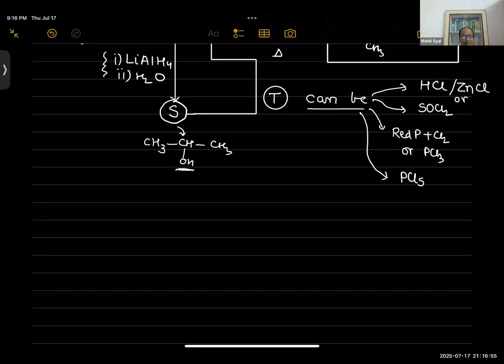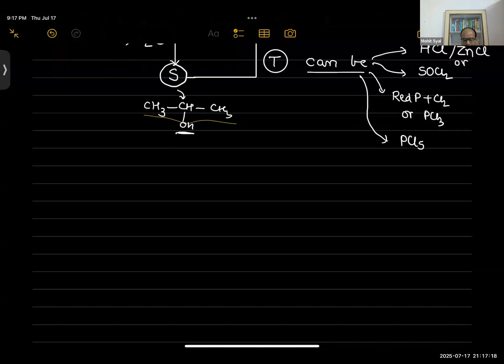That is also one of the best methods because the byproducts are sulfur dioxide and HCl, they escape on their own. Or phosphorus containing compounds, there were two compounds, PCl3 or PCl5. They can convert the OH to Cl. Okay, let me ask you one more question.